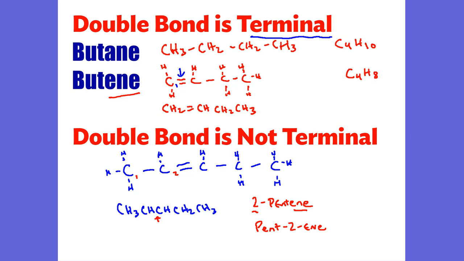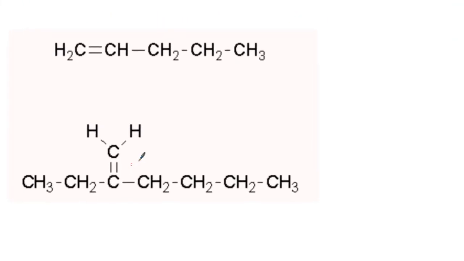I kind of like that second one because it really tells you that that double bond's coming off of that second carbon. That ene is coming off that second carbon. The first one is totally fine as well, 2-pentene. That 2 is signifying where that double bond's coming off of. You'll probably see me write it more as 2-pentene, but there's always some people that write things differently. People are different there.